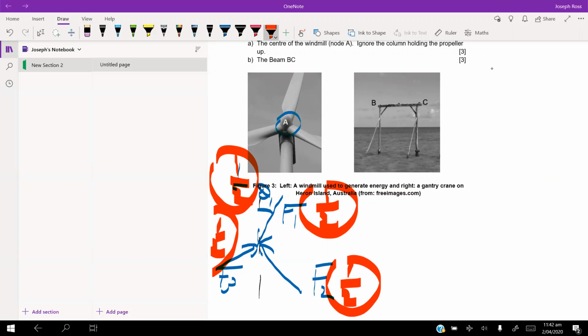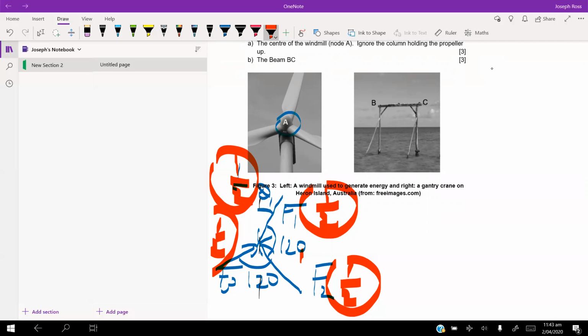The three blades are 120 degrees apart, which means that the angle here would be 120 degrees and 120 degrees, and there would be another 120 degree angle, but that third 120 degree angle we would not need to draw in. The last angle we don't need because we have already drawn in enough forces and angles that if we had to do the calculations, we could find everything.